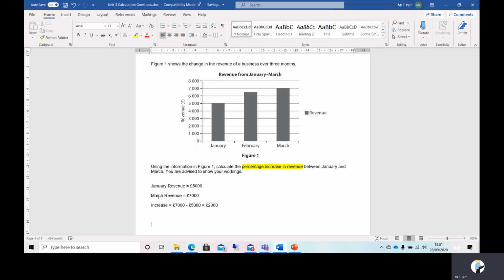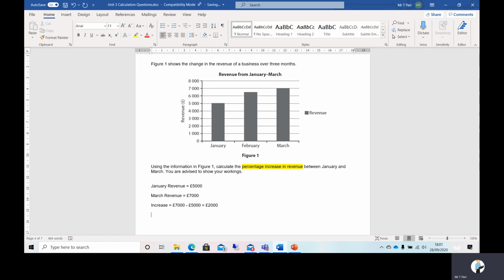Of January or March. In this instance, we're going to work out as a percentage of January because it's a percentage more than what you originally took. So when you're working out the percentage increase in revenue, you work it as a percentage of the original revenue, if that makes sense.